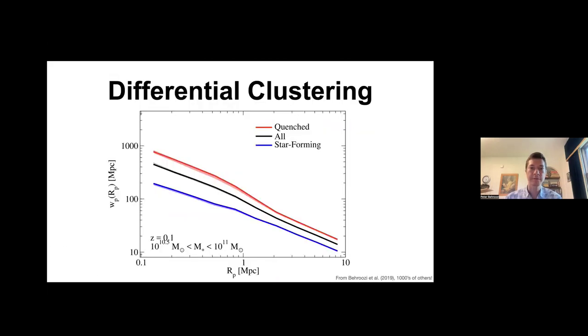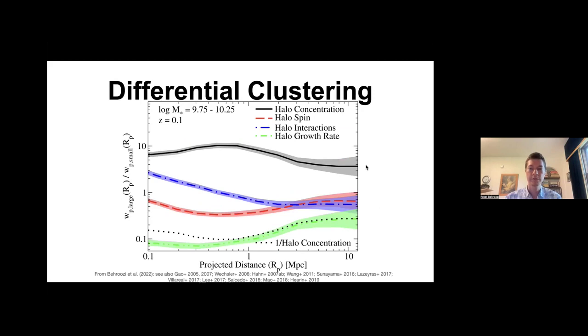Another way of phrasing that is if you look at any other secondary bias and how it depends on distance at high redshifts, you see all of these things flatten out. On scales beyond 4-ish, 5-ish projected Mpc, you have very little change in the clustering that could be due to nonlinear type things.